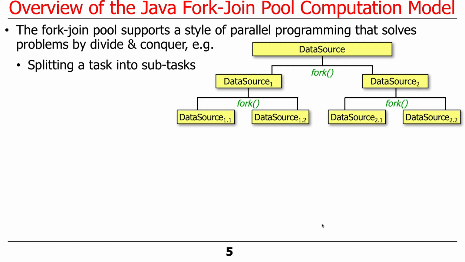So just a quick recap. You already know this, but I'm going to talk now about it in the context of the ForkJoin Pool, which is just a little different from how you've been exposed to it in the context of parallel streams. So the way this works is you have some data source, and you split the data source into chunks. These chunks are going to be tasks that are converted or transformed, split into subtasks.